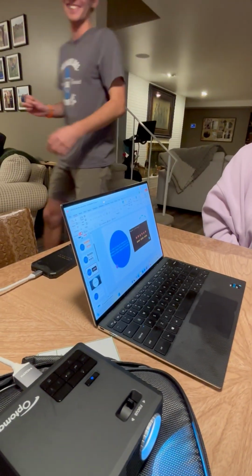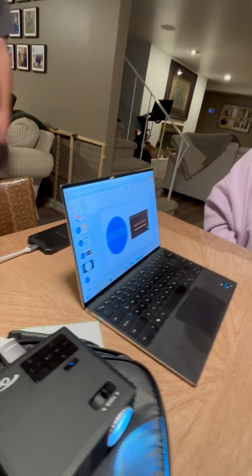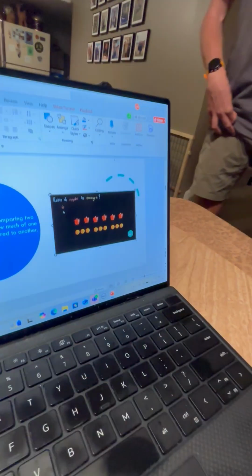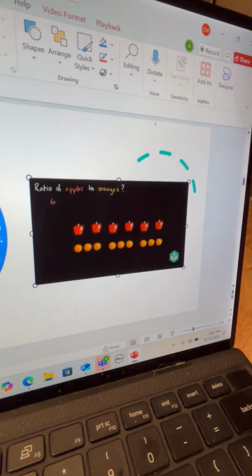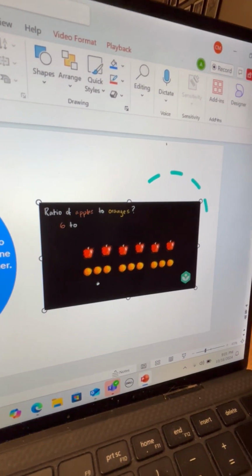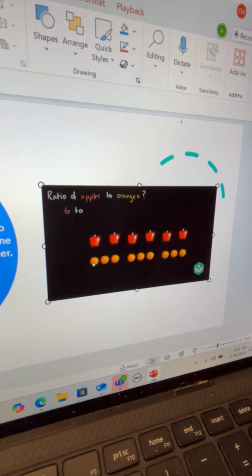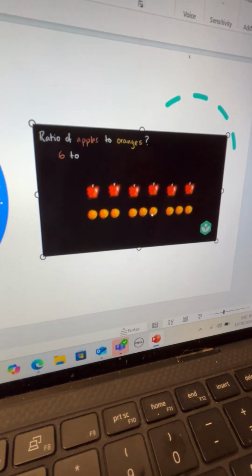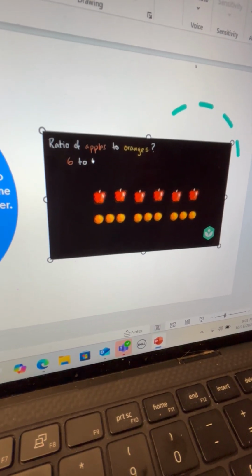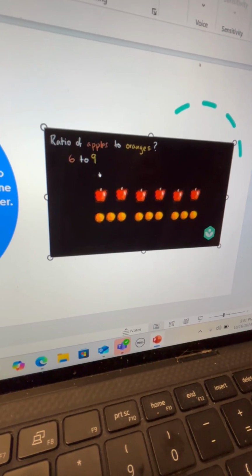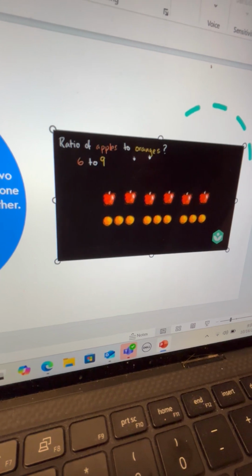We can count the number of apples: 1, 2, 3, 4, 5, 6. So we have 6 apples. And how many oranges do we have? 1, 2, 3, 4, 5, 6, 7, 8, 9. The ratio of apples to oranges is 6 to 9.